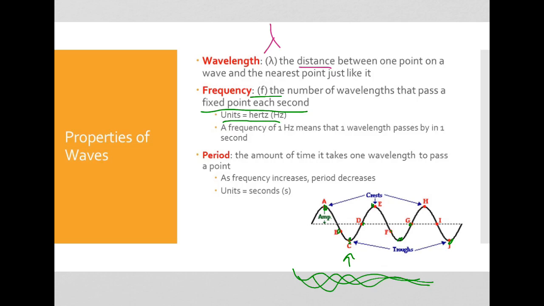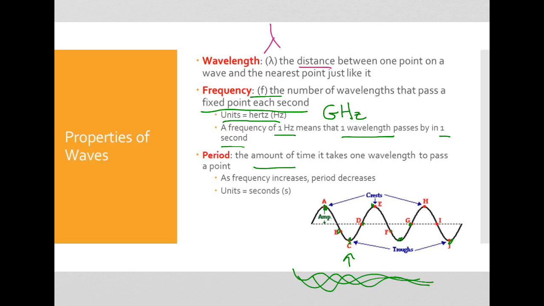And the units of frequency are in hertz, which is a capital H and then a lowercase z. This is our first unit of the year which has 2 letters to it. You could, for example, have something that's a gigahertz, that would be a capital G, then capital H, and then lowercase z, just like we have other metric prefixes. A frequency of 1 hertz basically means that one wavelength passed by in 1 second. So that is how frequent the waves are.